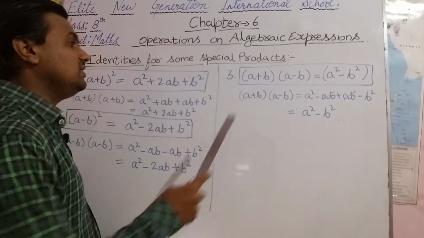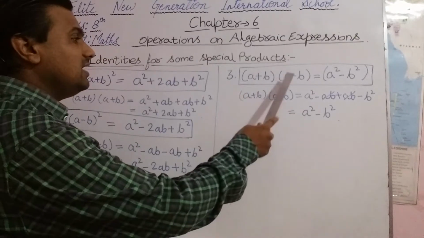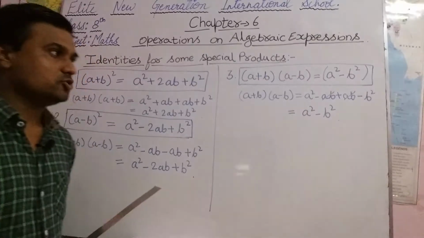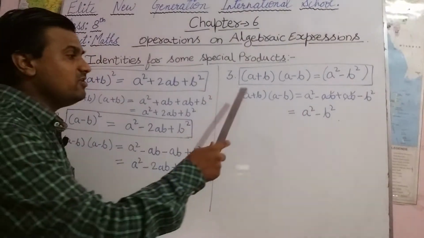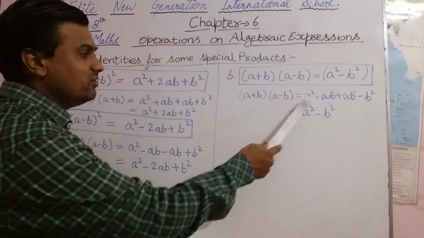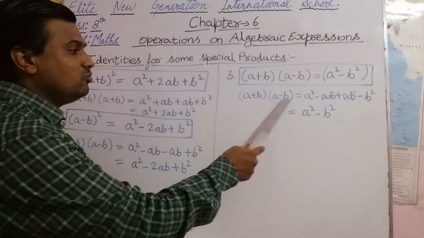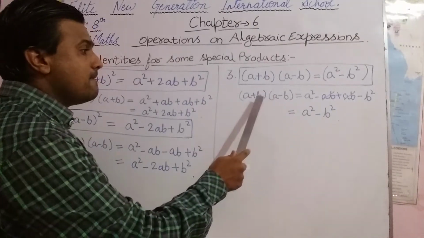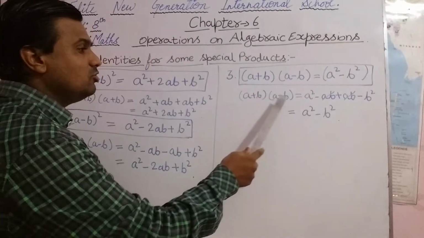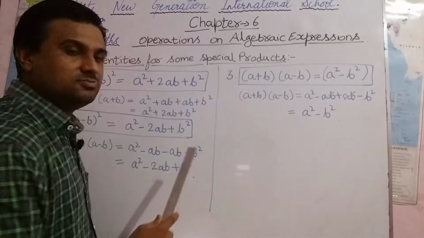Now after this, see the third identity. In the third identity, (a plus b)(a minus b) equals a square minus b square. When we multiply (a plus b) into (a minus b), a into a will be a square, a into minus b will be minus ab, b into a will be ab, and b into minus b will be minus b square.